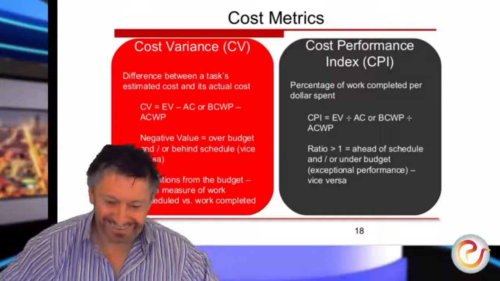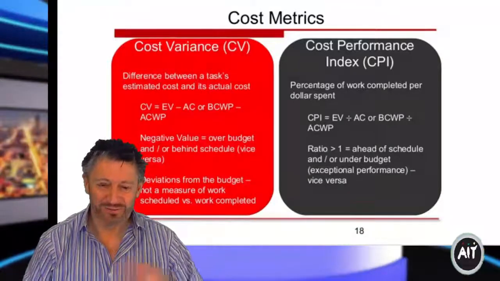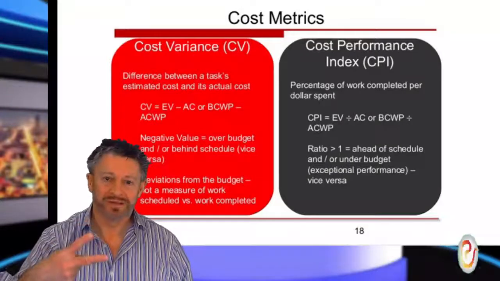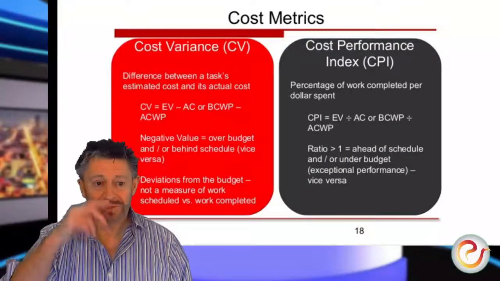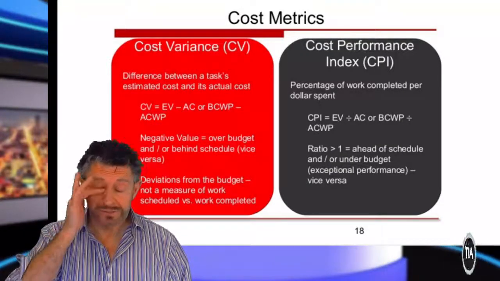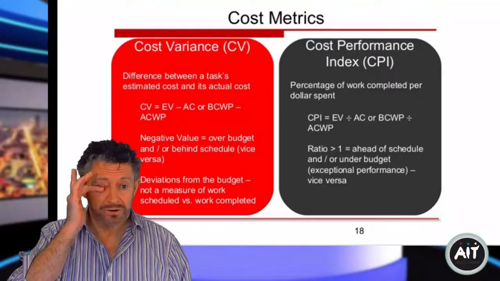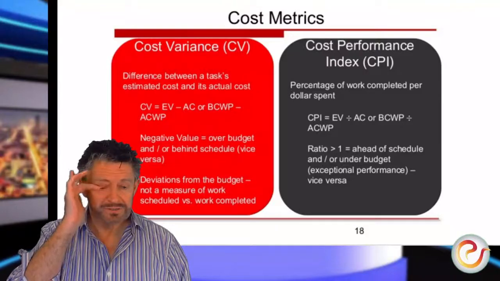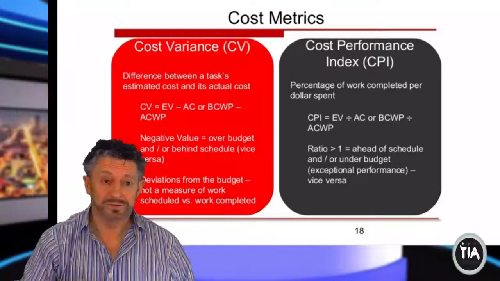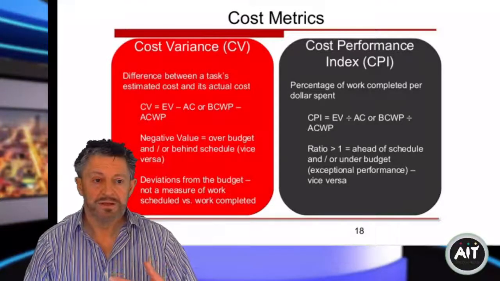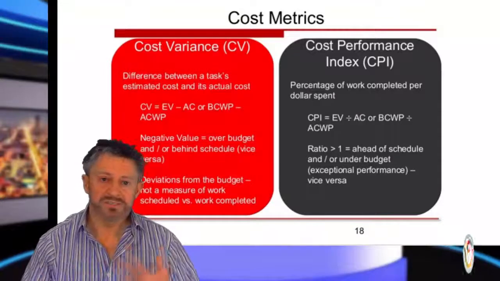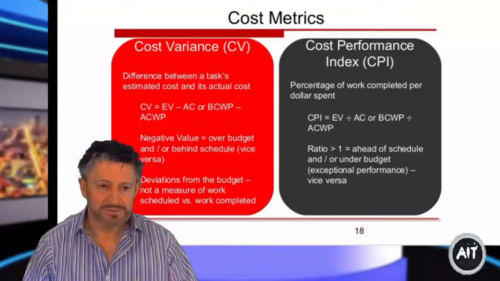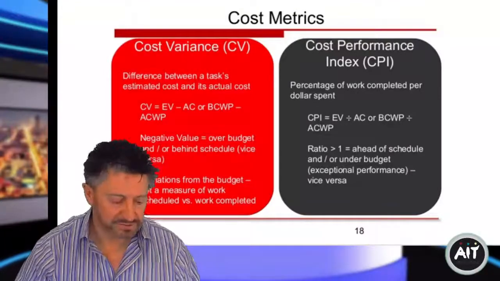Okay, I don't know if you remember these things going to school, but left is for less. In this case, it's greater than. So ratio greater than 1, then you're ahead of schedule and or under budget. Exceptional performance, and vice versa. So if it's greater than 1, you're ahead, and if it's less than 1, you can be behind schedule. Okay, so that's how that index works.